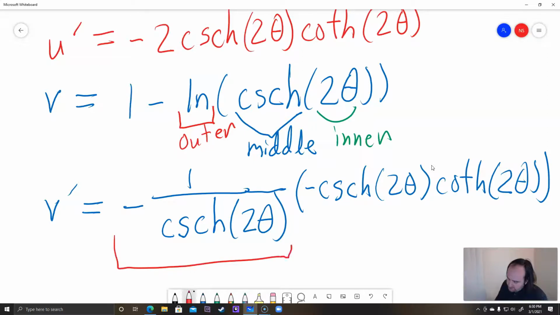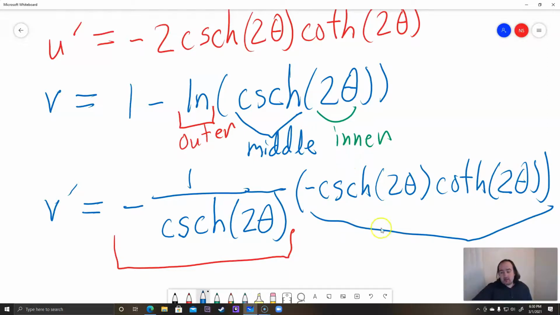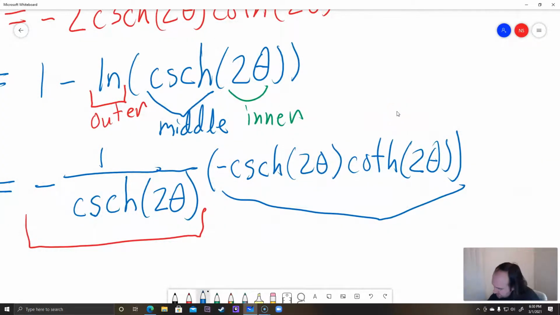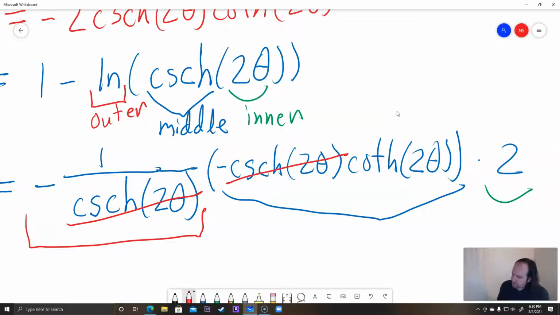So here we did the outer function, and then we just did the middle function. And now we have to multiply this times the derivative of the inner function. So the derivative of 2 theta is just going to be 2. So we're going to have times 2 at the end here. Okay, that's your inner function. But even though it's really complicated here, we do fortunately see some things cancel out. We'll notice right off the bat that the cosec of 2 theta on the top and the bottom cross out.